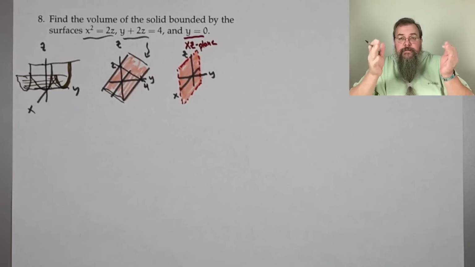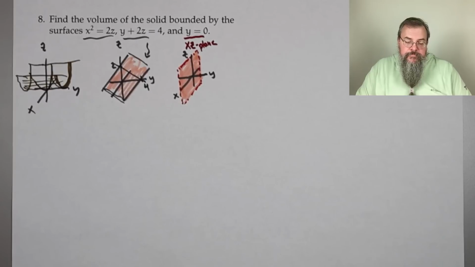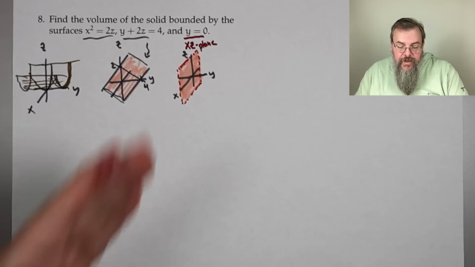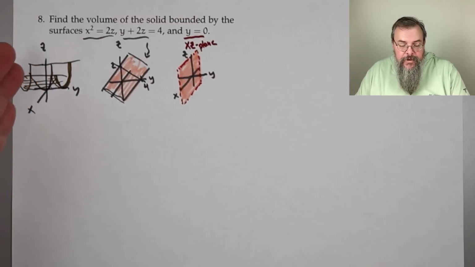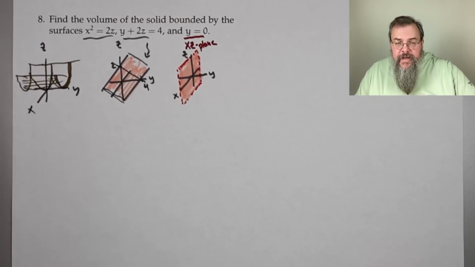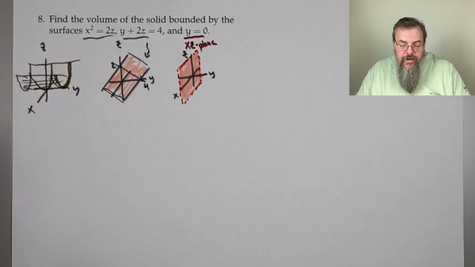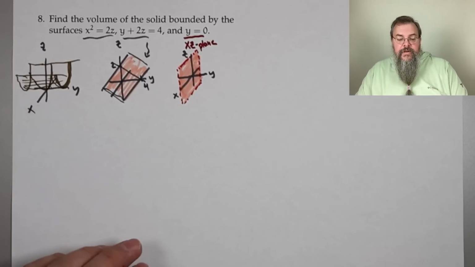We have a trough. Okay, so we start thinking about what do these things do? Well, the xz plane says cut it off, and if we look, there's not going to be a nice bounded piece. So we're going to ignore the values y less than 0.